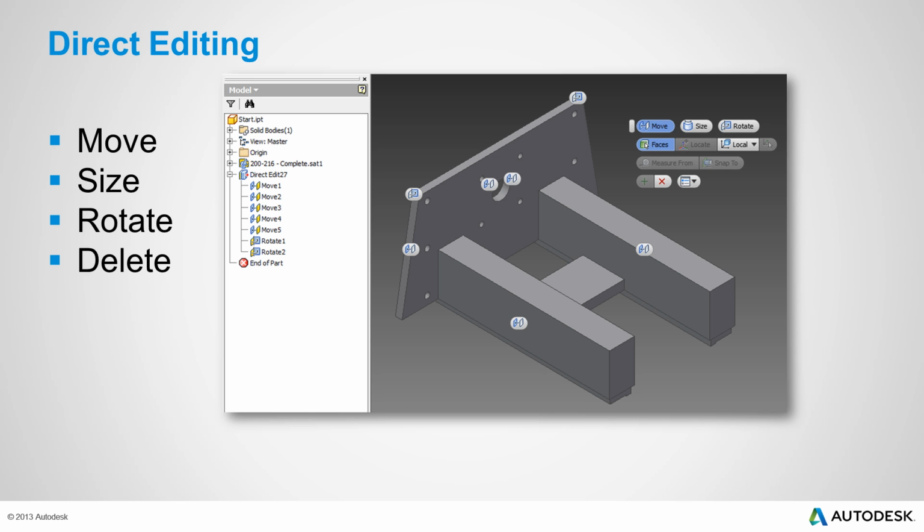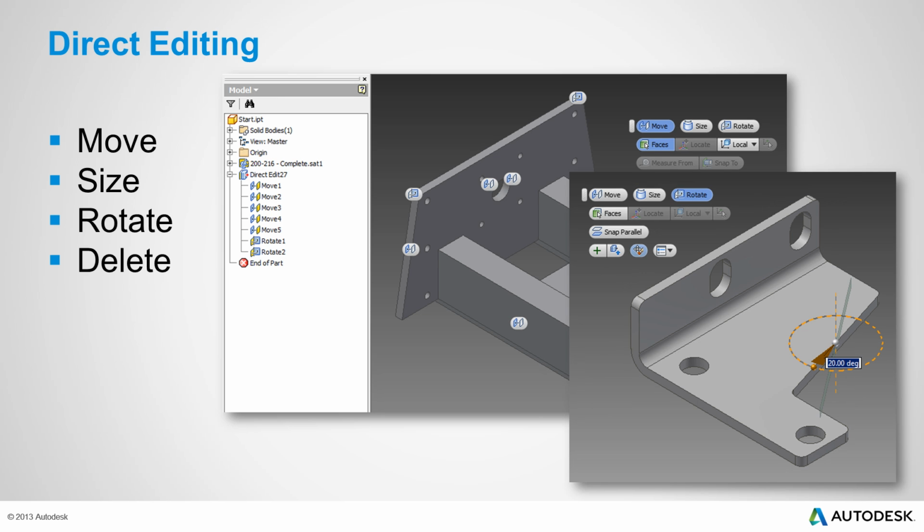The direct editing environment allows for a variety of changes to the geometry itself. As you can see here, faces and groups of faces can be moved, they can be sized, they can also be rotated and obviously deleted.